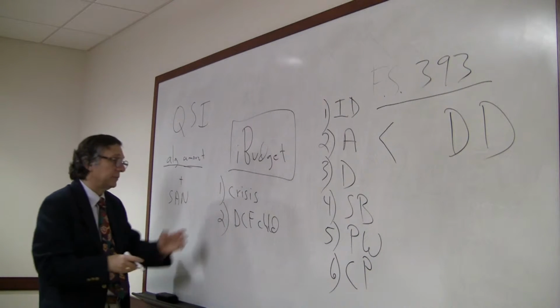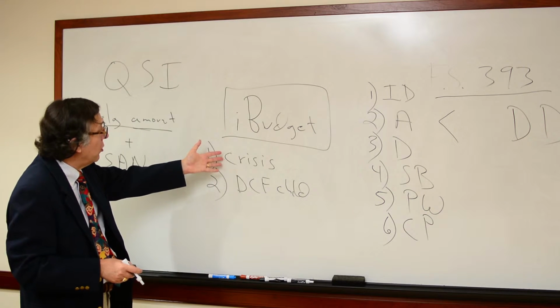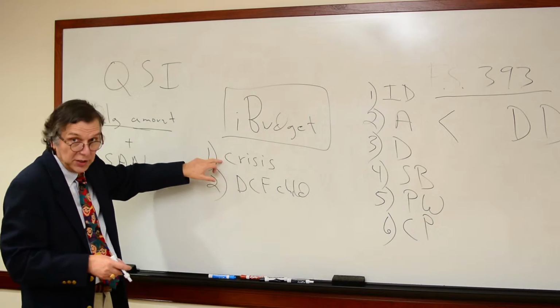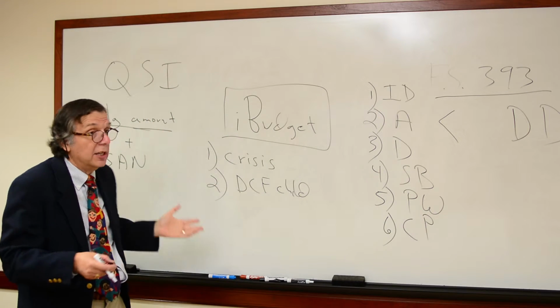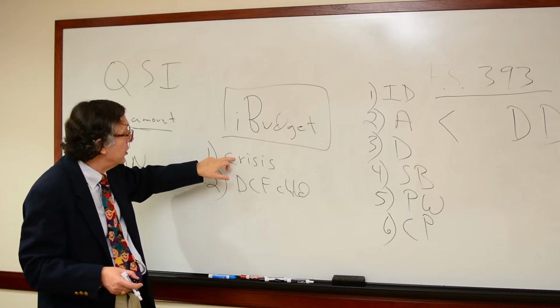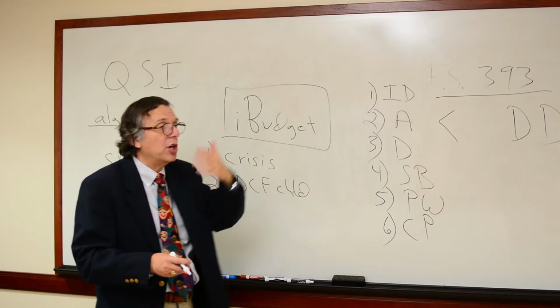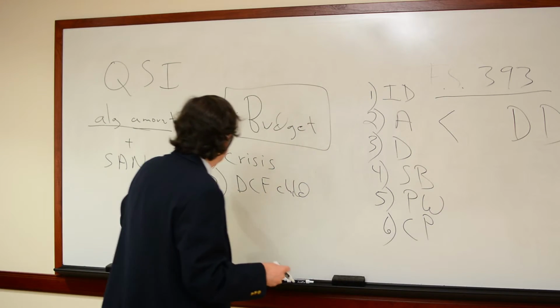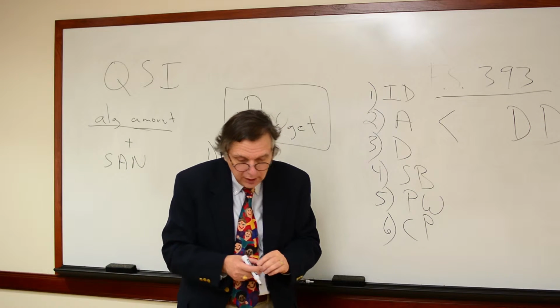But say you're a DCF child and the only funding left is for crisis applicants. So you might just be sitting there for years and years, because only new money will go for those folks who are in crisis. So it's hard to figure out, because people could jump ahead, where anyone stays on the list.